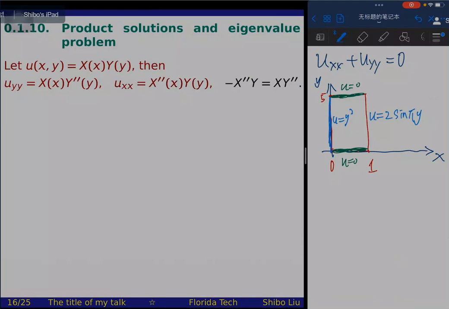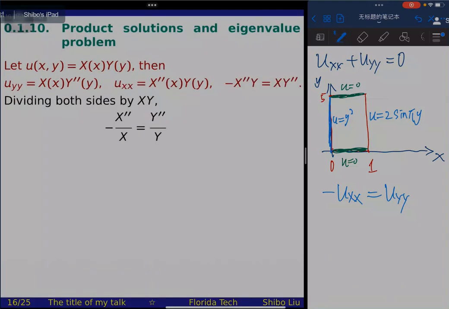Minus uxx equals uyy. This is equivalent to uxx plus uyy equals 0. Now minus uxx is minus X double prime Y, while uyy is X Y double prime. Dividing both sides of this equality by XY, we get this equality, where the left-hand side is a function of x, while the right-hand side is a function of y.